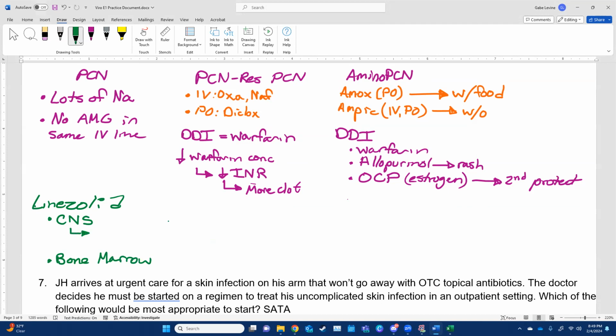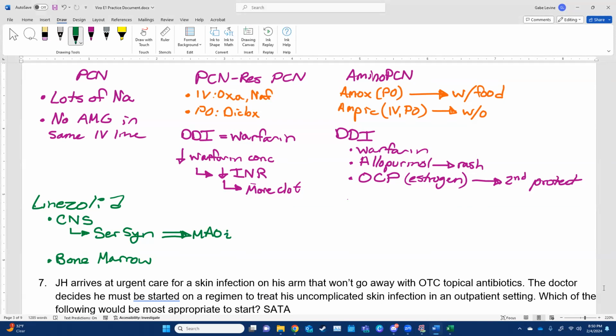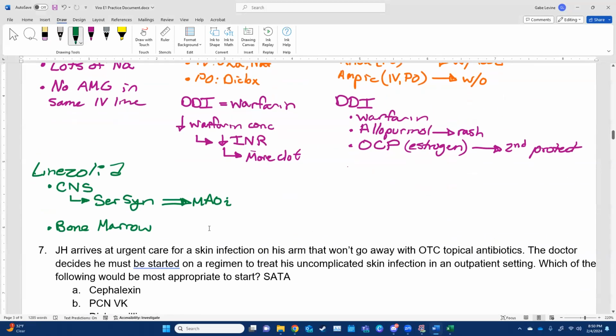As someone quickly shouted out, serotonin syndrome is one of the big ones that we worry about. Why? What does linezolid do that makes it have this serotonin syndrome? MAO, MAO, MAO. So interactions with MAO inhibitors, SSRIs, triptans, all that stuff that works on the serotonin syndrome.